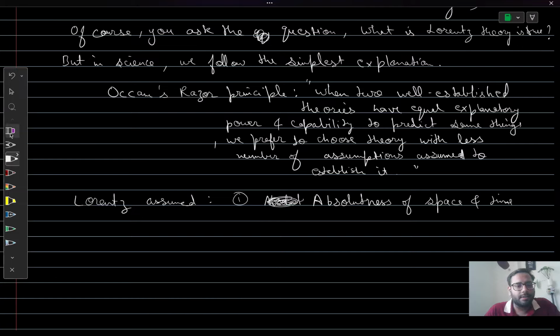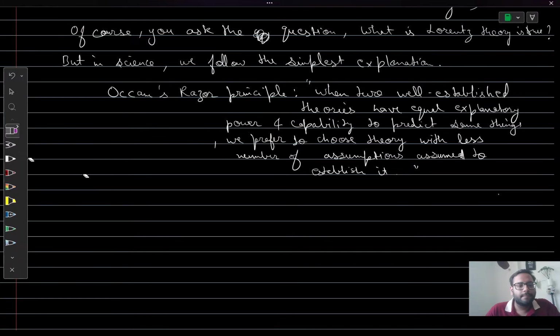Okay, let me write it again. Let's do it faster so that we can complete our Lorentz transformations also.